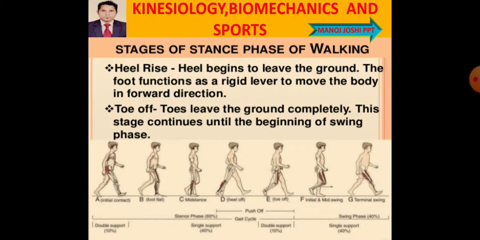In the second position we can see the foot flat, and then C we can see the mid stance phase, then heel off we will see in the D position, then E is the toe off, then F is the initial or mid swing phase, and then G is the terminal swing phase. So the first A, B, C and D are under the stance phase, and E, F and G are the swing phases.